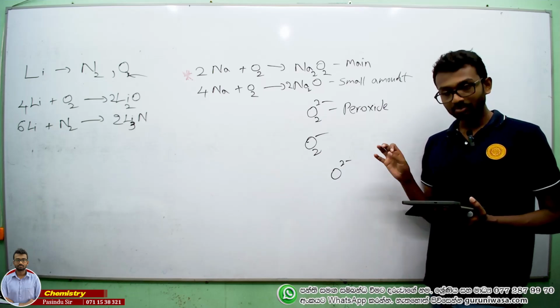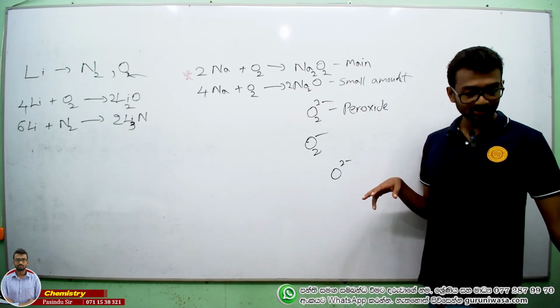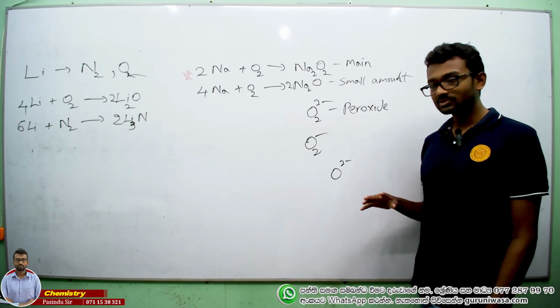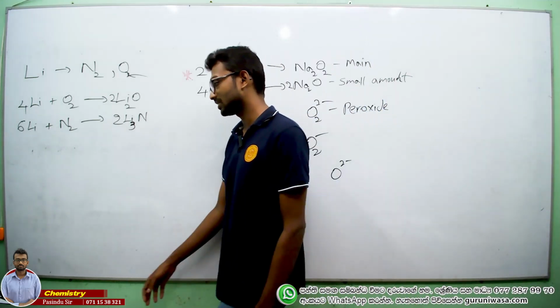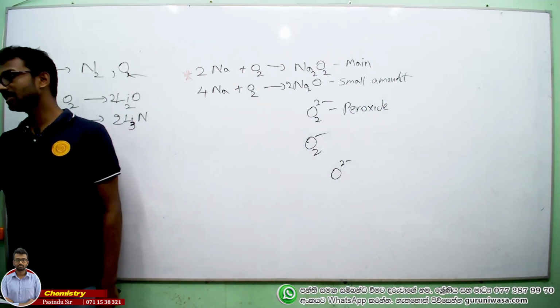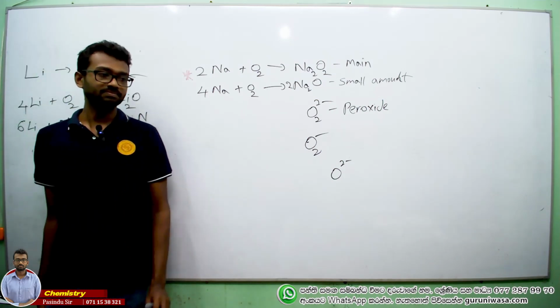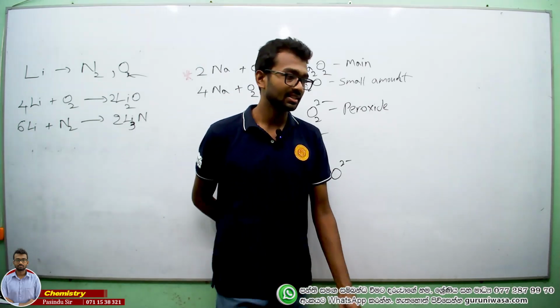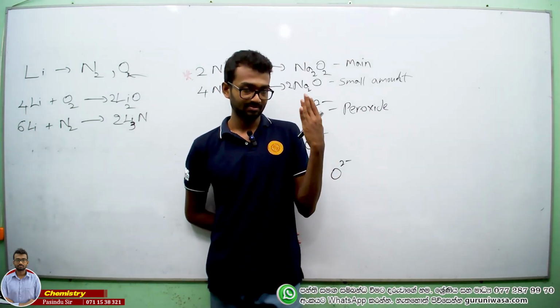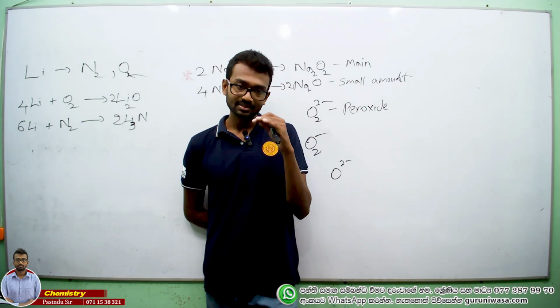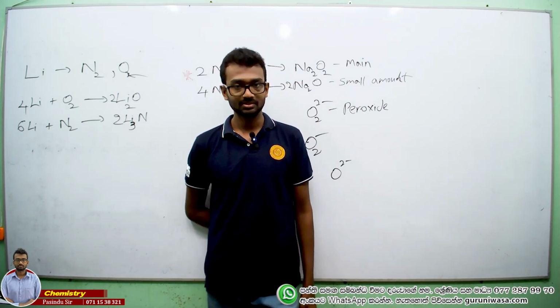All three compounds are formed, but mainly potassium superoxide. Previously, when we learned, we just said only superoxide. Here they mention both are formed, but in small amounts, right?